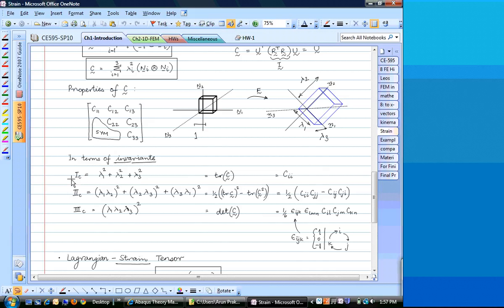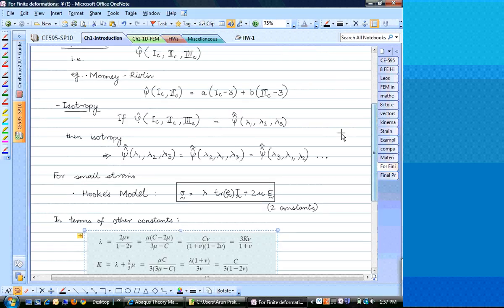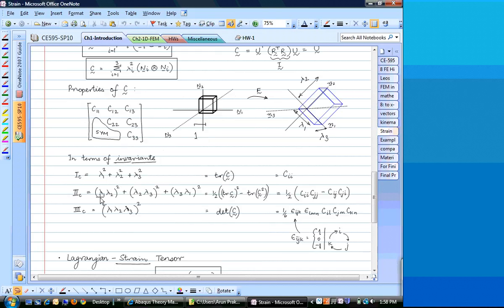So when I say IC minus 3 here, then if there is no strain, this term will go to 0, which seems reasonable, because if there is no strain, then there should be no strain energy. Similarly, if you take a look at the second invariant, so the second invariant is lambda 1, lambda 2 square, and so on.